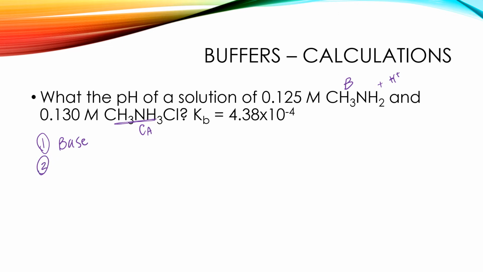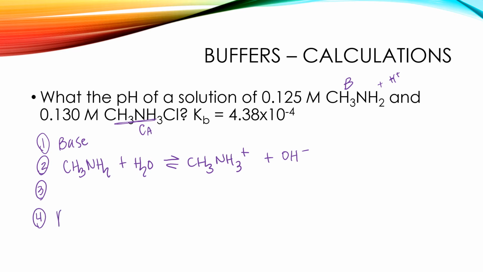If I need to, I can write out my equation. Notice I always just leave out my spectator ion because it's not going to do anything. Now my last step is going to be the same: I'm going to plug it into the Henderson-Hasselbalch equation.